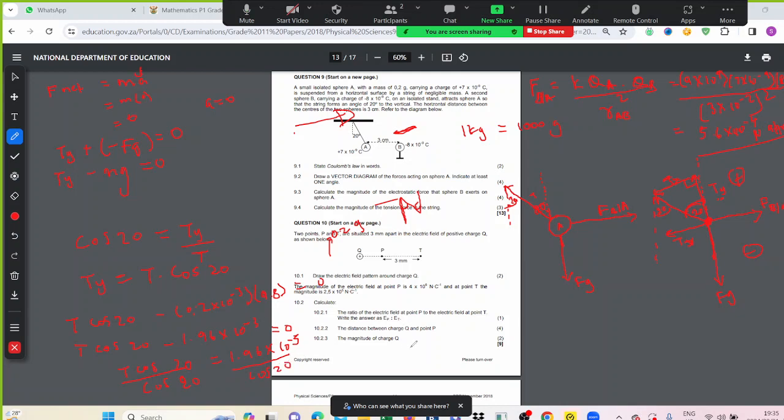Therefore T, which is the tension, will be equal to 1.96 times 10 exponent negative 3 divided by cos 20. Can you quickly punch the calculator and give me the final answer?